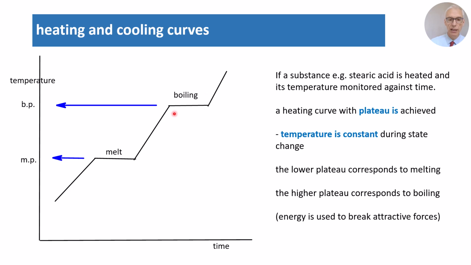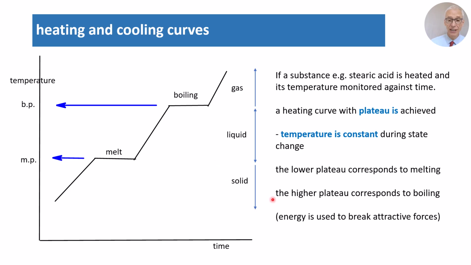And again, we get a constant temperature for a period of time. So the higher plateau corresponds to the boiling point. The lower plateau corresponds to the melting point. Below the melting point, we have stearic acid as a solid. But above the boiling point, we have stearic acid as a gas. And between the boiling and melting point, we have a liquid.